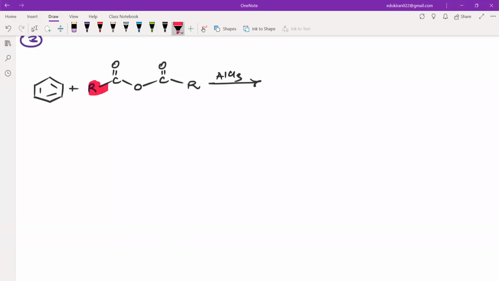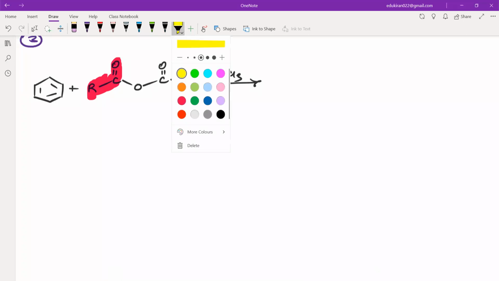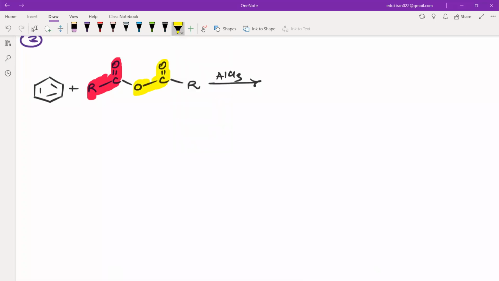Here you can see that RCOCl is going to attack on the benzene ring, and the rest of this is going to form carboxylic acid. So we will get the benzene ring with carbon double bond oxygen, the R group, plus R C double bond O OH. Okay, this is acid anhydride.